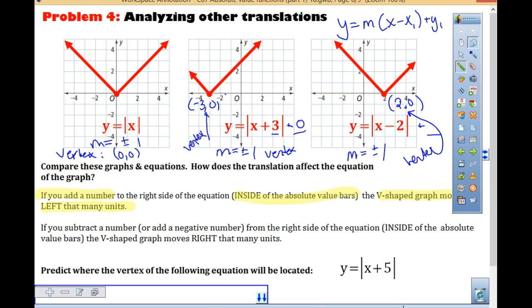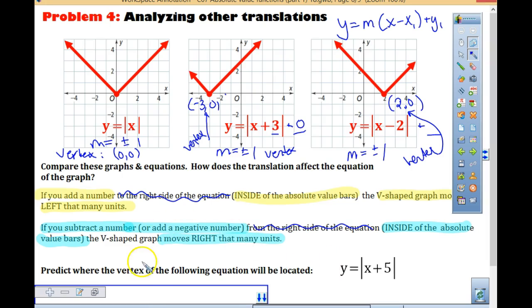The second part, if you subtract a number inside the absolute value bars, it moves to the right. Those are the key things that you want to write down with that. I think when I was reading this that we've written, for some of you it's more confusing. I would just go with that first phrase, okay?